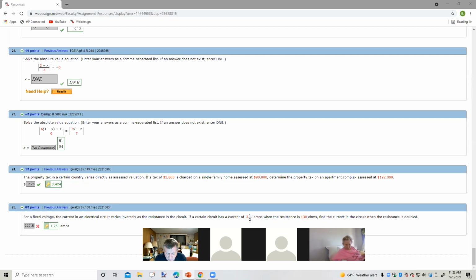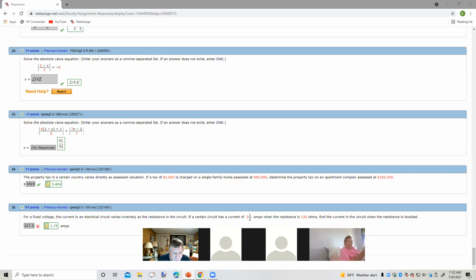So P stands for property tax, A stands for assessed valuation. It says the property tax in a certain country, I keep wanting to make that county and it's not, country, so P varies directly as assessed valuation. So P equals KA. Don't forget, K is involved, whether it's mentioned or not, in all these formulas to do with variation.